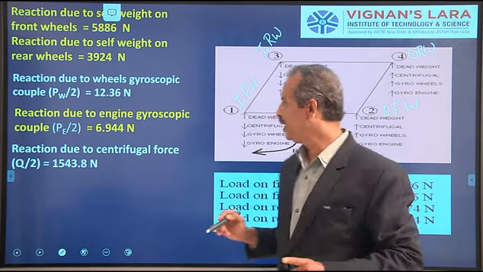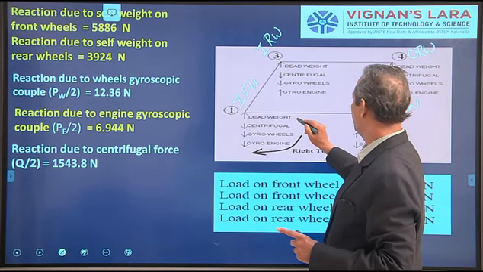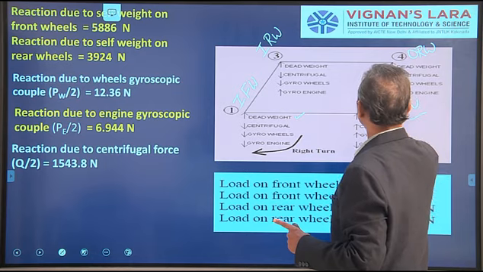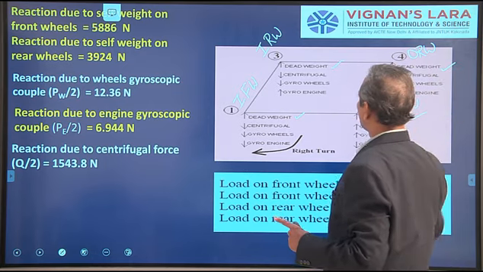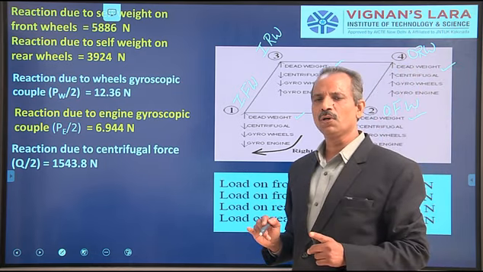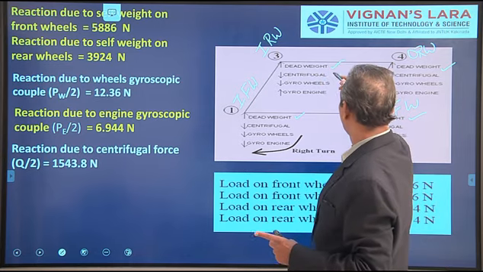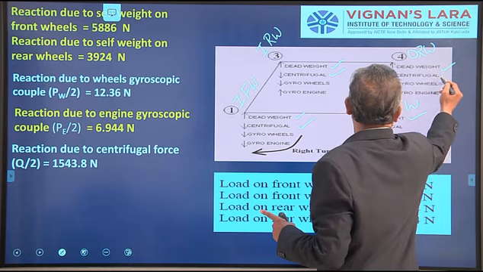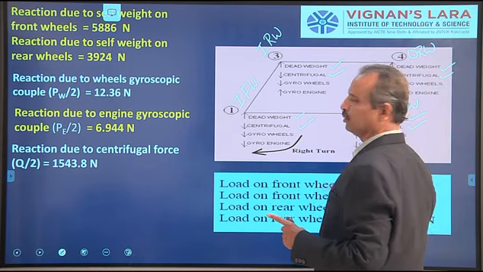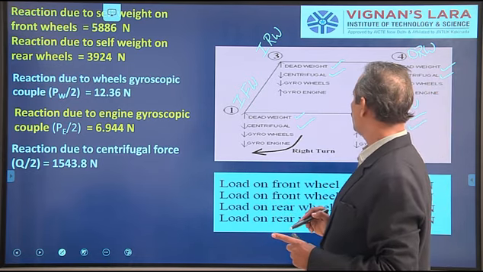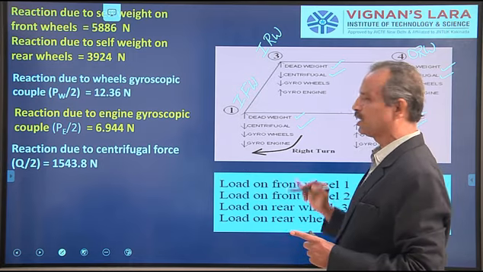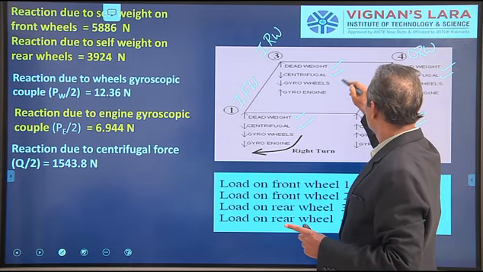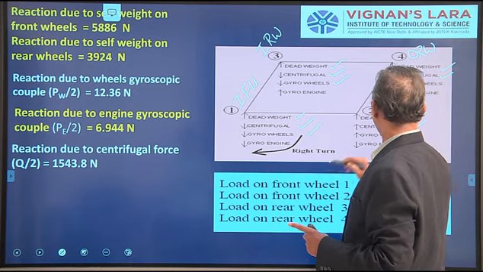So self weight in all the cases, dead weight will be upward. Then the centrifugal force on inner wheels is downward, and on outer wheels upward. And the gyroscopic effect due to wheels will follow the centrifugal direction, that is inward, downward.